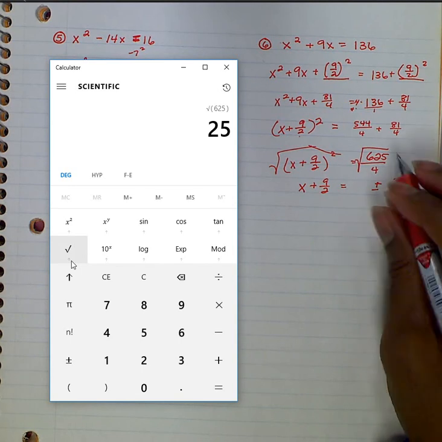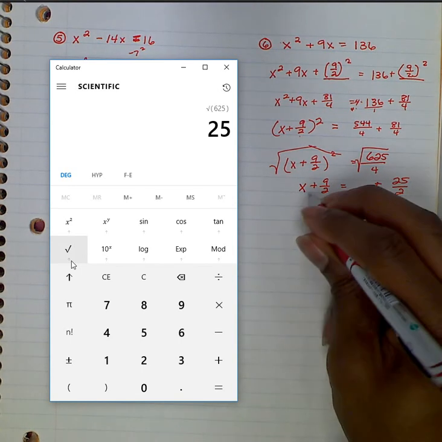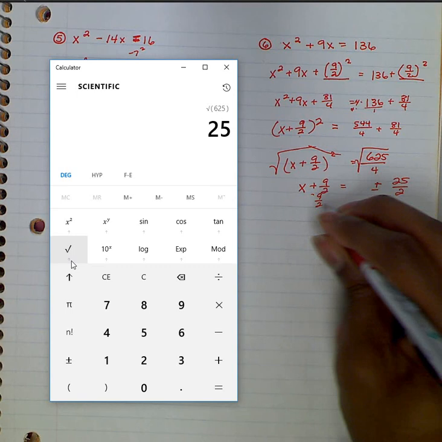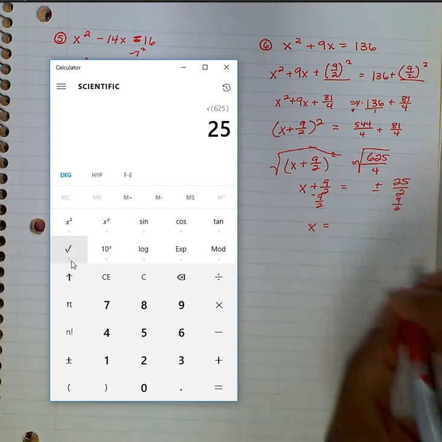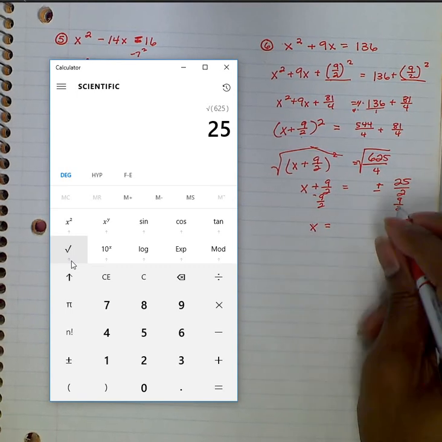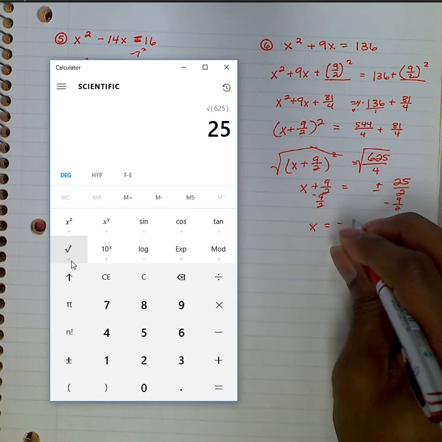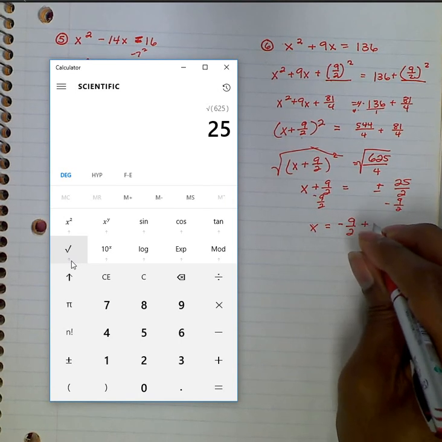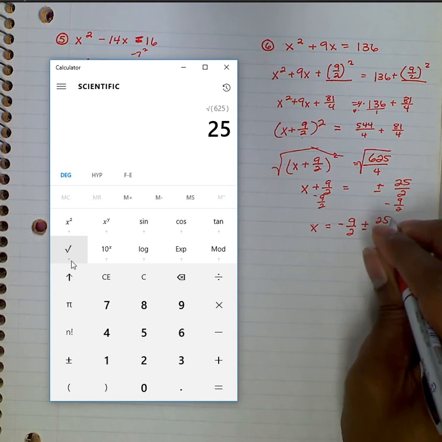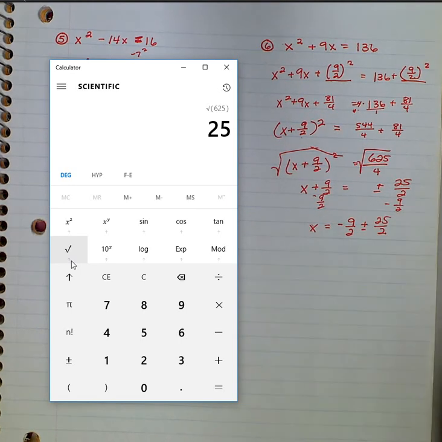So, to get x all the way by itself, last step, I know it's been a long journey here. I am going to subtract 9 over 2, so I have negative 9 over 2 plus or minus 25 over 2. Okay, you could have these as decimals if you'd like.